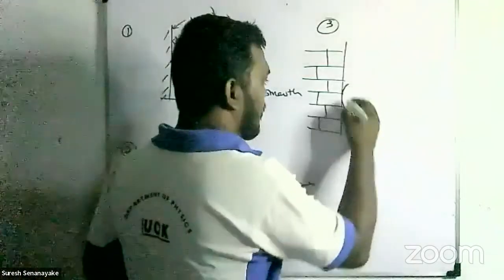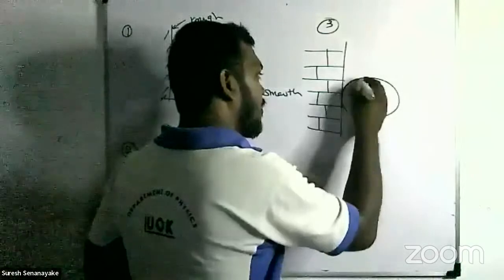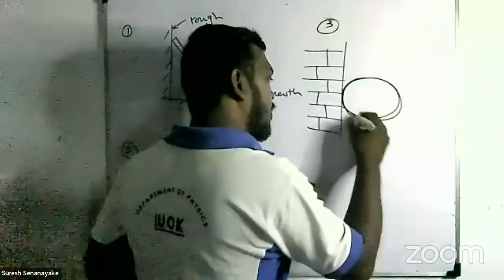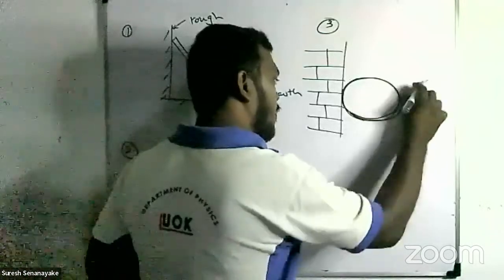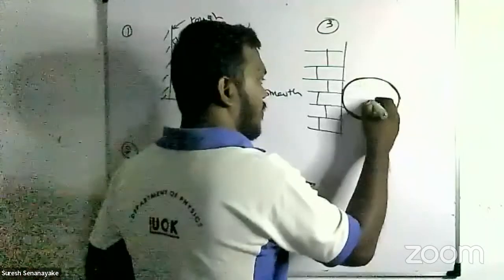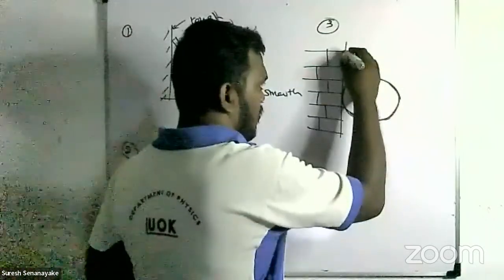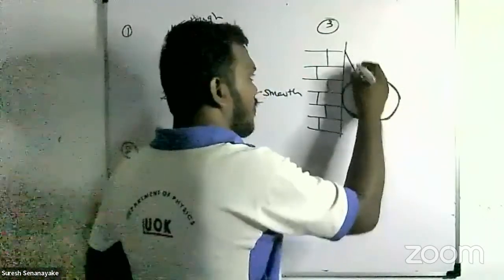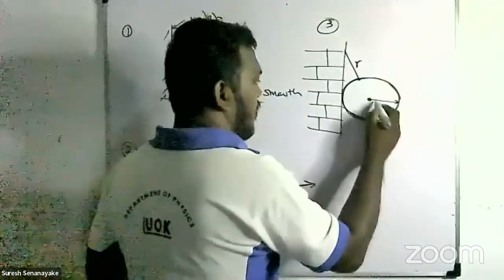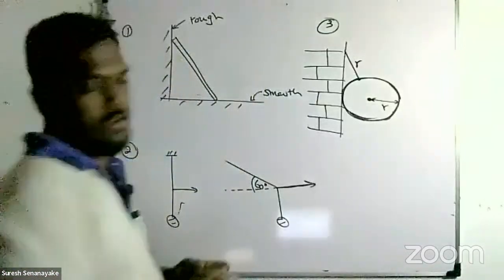So just like this. The length is r and the radius is r. Okay.